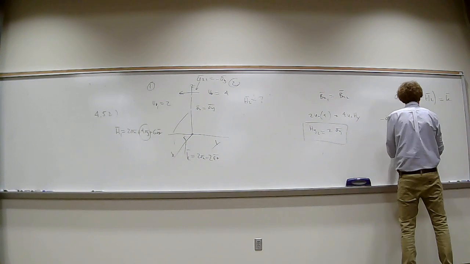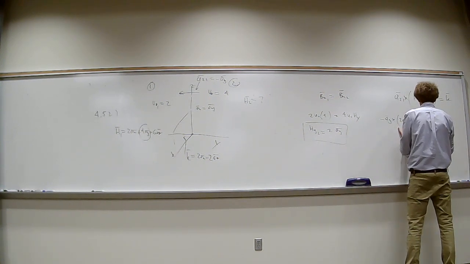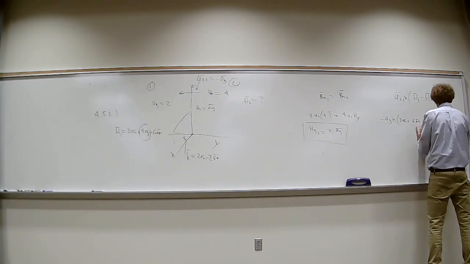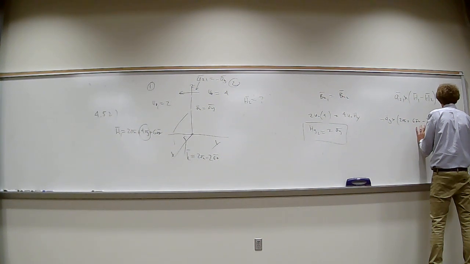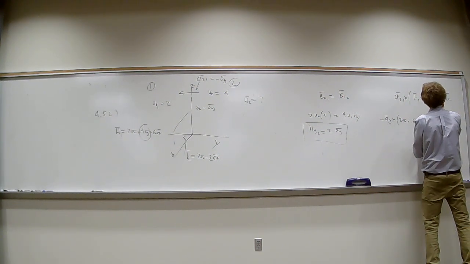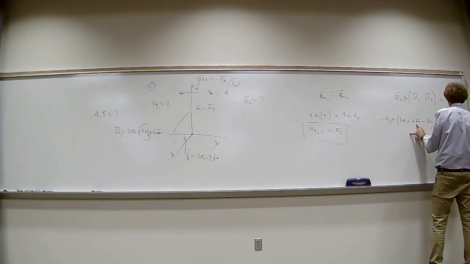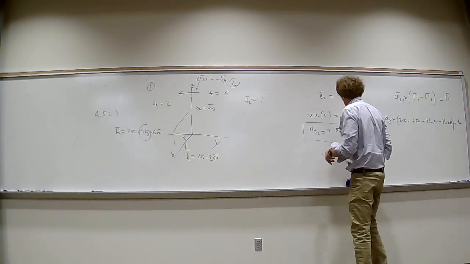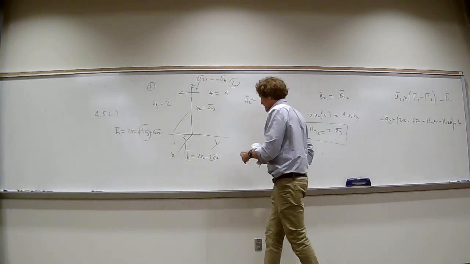And then minus H2, and this would be H2x a_x minus H2z, the Z component, right? And it would be a_z is equal to k, and I'm running out of room. I'm going to do the cross product before I put the value of k in.